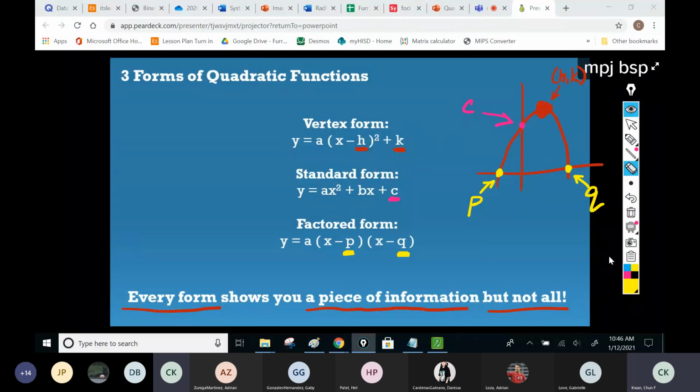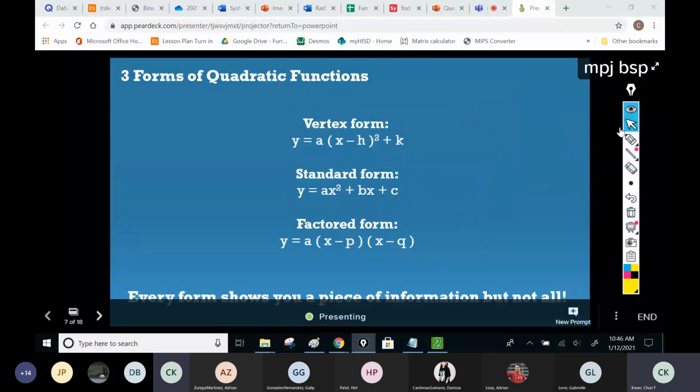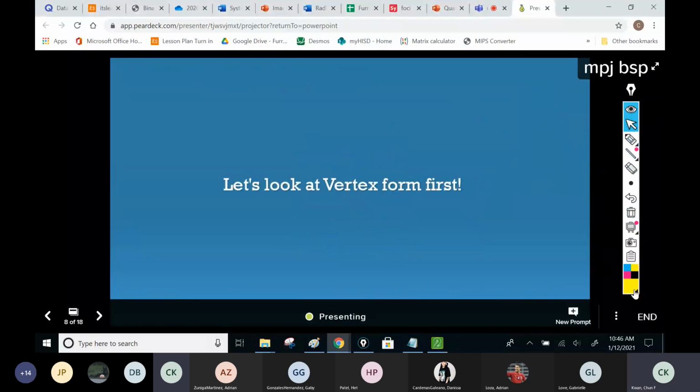The standard form gives you the y-intercept. It tells you that your graph is going to cross the y-axis right here. And the factor form tells you the P and the Q. So every form is good and bad in some ways. All right, let's look at vertex form first.